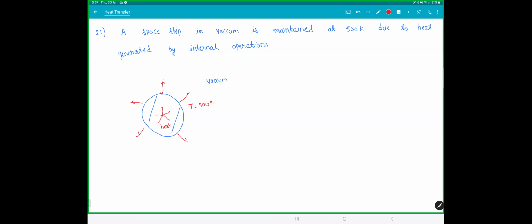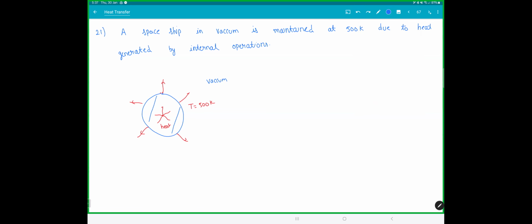Suppose initially, if there is no heat generated internally, the spaceship will keep on radiating heat and eventually cool down to 0 Kelvin. But the temperature is maintained at 500. That means whatever heat is escaping from the surface is equal to the heat generated internally. Now, how is heat generated internally? We're not worried about that. This part of the story is clear.